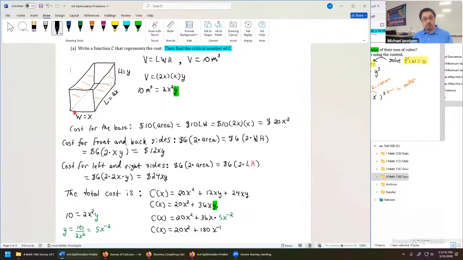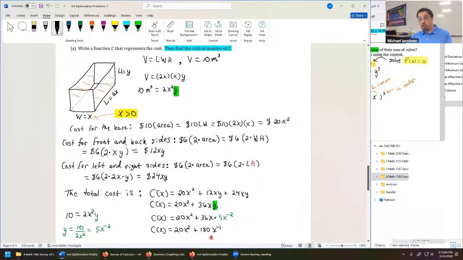In our prior problem, 0 was an allowed value because a 0 light intensity did make sense. But here, if width is 0, the volume is 0, and 10 cubic meters is a lie. So we can say here, just from this diagram, x has to be positive because it's a width.